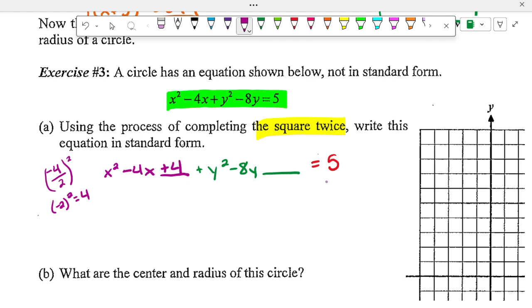That means I also need to add 4 to the other side. Now, what about the y's? What's my b value? Negative 8. So divide that by 2 and square it. So this would be negative 4 squared, so 16. So I would add 16 here. Remember, whatever I do on one side, I have to add to the other.